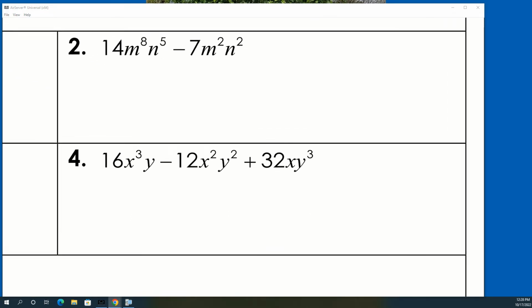All right, so we're looking at 14 and 7. So the number they have in common is going to be 7. And then they both have m's and they both have n's, so we are going to factor out mn. And for each of those, we're going to pick the smallest exponent to factor out.